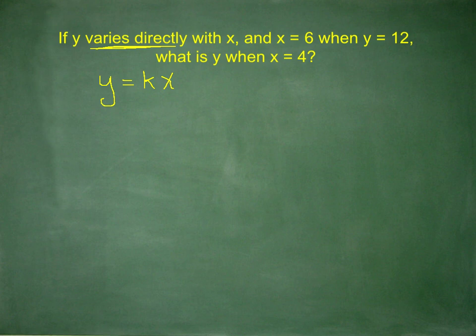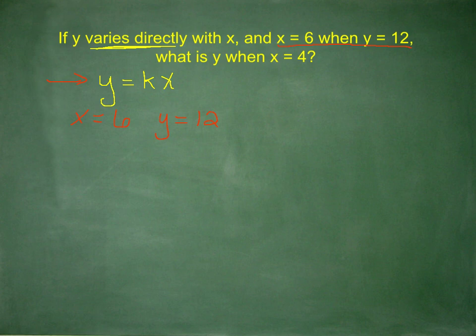Now, setting it into two problems, the first piece of information that they gave me was that x equals 6 when y equals 12. So I'm going to plug these numbers into our equation and solve for k.